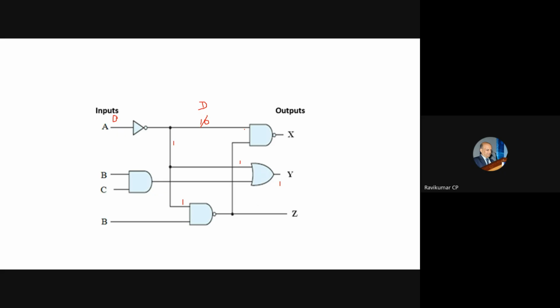Now we have to propagate this fault further. So what should I put here so that I can propagate the fault here? One. Because if I put a 0, then both good and bad circuit will have a 1 here. So if I put a 1 here, and I can justify that 1 by putting a 1 here, and I can justify it back by putting a 0 here. So if I put a 0 here, I'll get a 1 here and I'll get a 1 here.